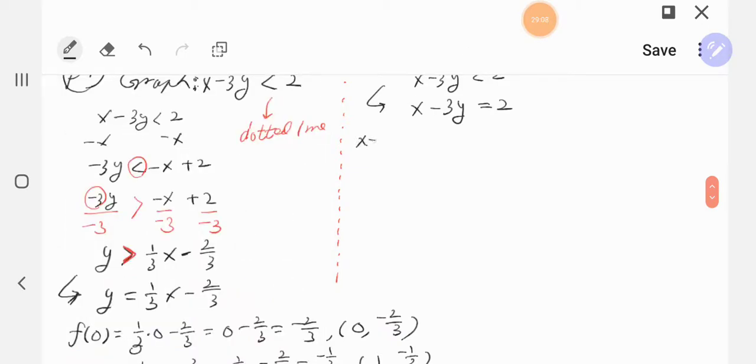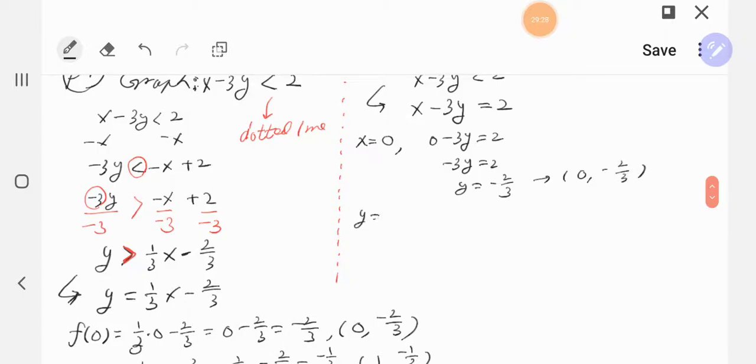If x equals 0, then 0 minus 3y is equal to 2. So negative 3y is equal to 2. Dividing each side by negative 3, y is negative 2/3. So when x equals 0, y is negative 2/3.